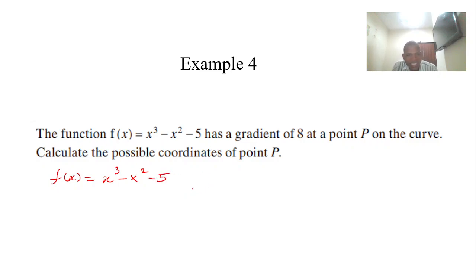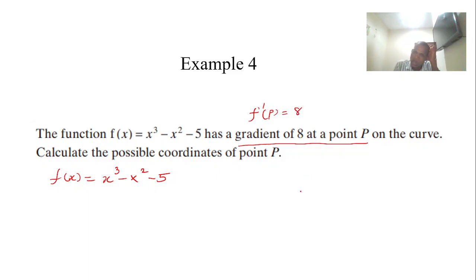We are told that it has a gradient of 8 at a point p, so f prime of p is 8. So the gradient of that function at point p is 8.